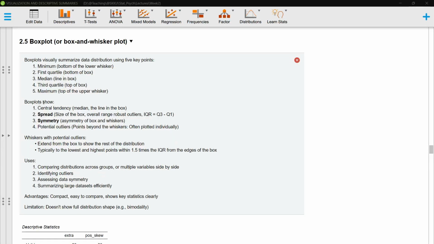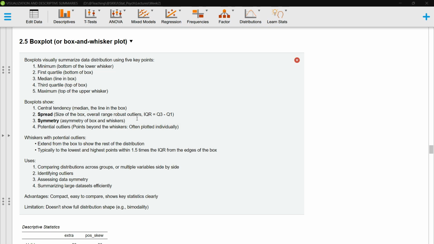The box plot shows the central tendency, the median, as the line in the box, and it also shows us the spread, the extent of the spread by the size of the box, the overall range, and it is robust to outliers. As we have seen before, the location of the first quartile and the third quartile is not affected by the extreme non-typical values, that is the outliers.